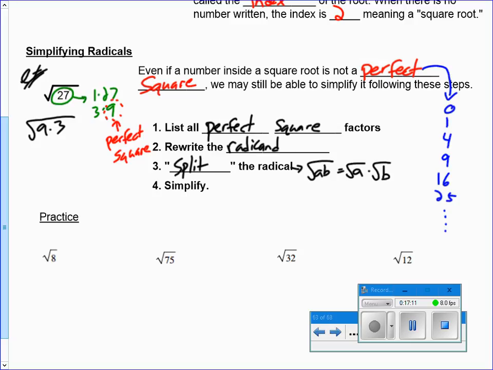So because of that, we can split this as square root 9 times square root 3. Last step is to simplify. So on this one, we know that square root 9 is equal to 3, so I can rewrite this as 3 square roots of 3. It'll be simplified.